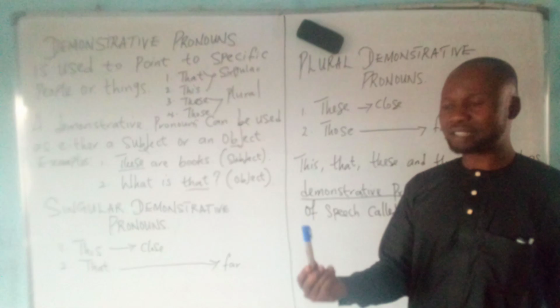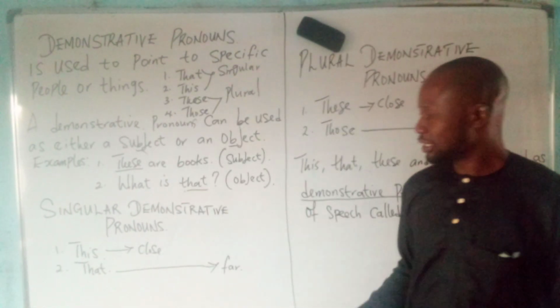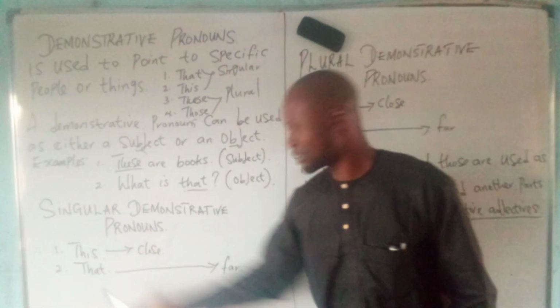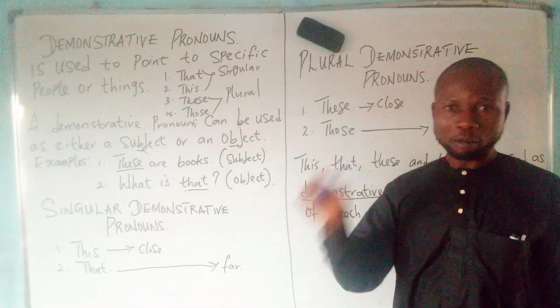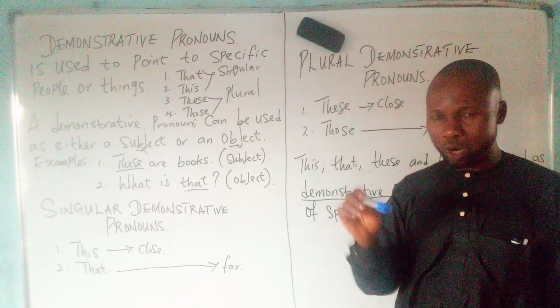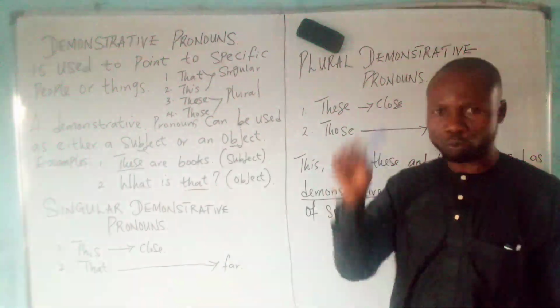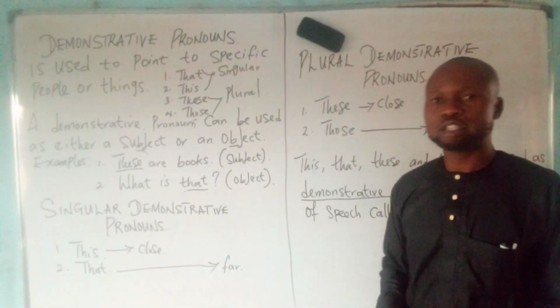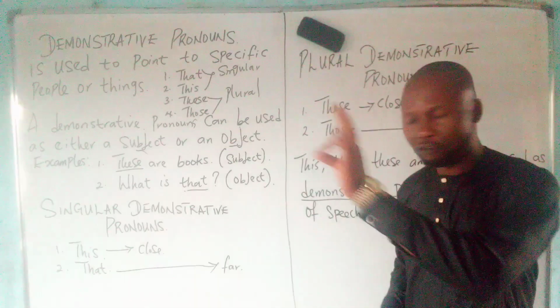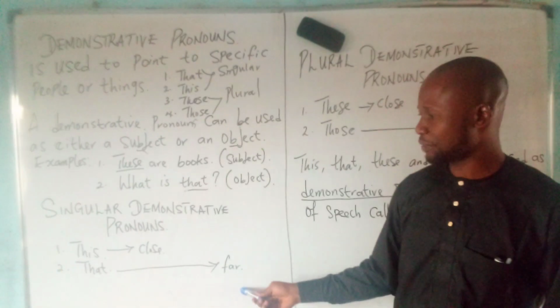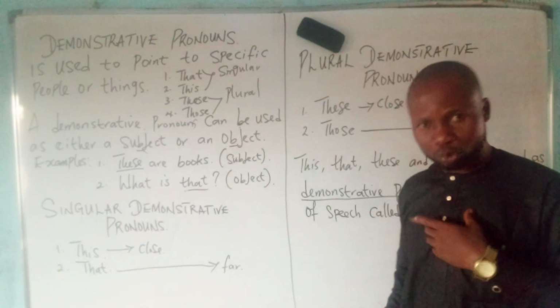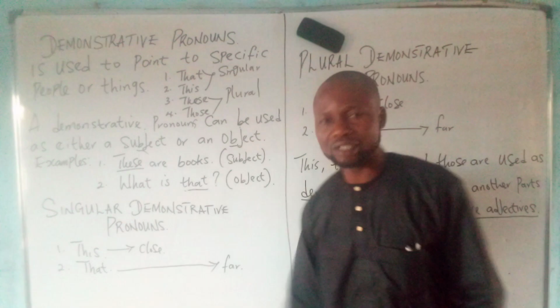If you say this marker, it is close. If you use that, it means that marker is far away. But it is one marker, one object, one person, one thing, one place. So once something is far and is singular, you use that. But once it is close and is one, you use this.